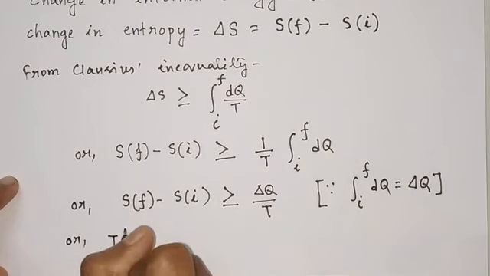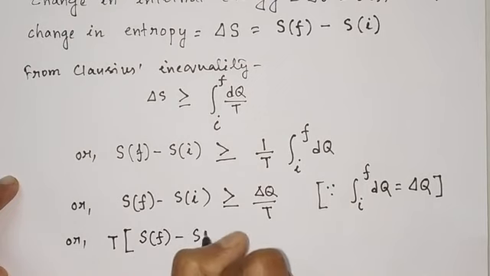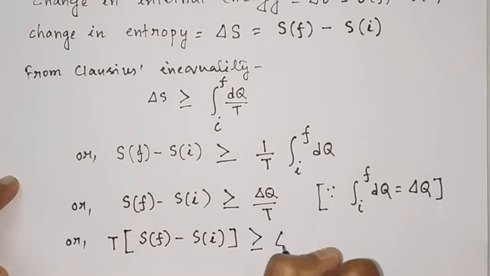So we will have T times (SF minus SI) greater or equal to delta Q.